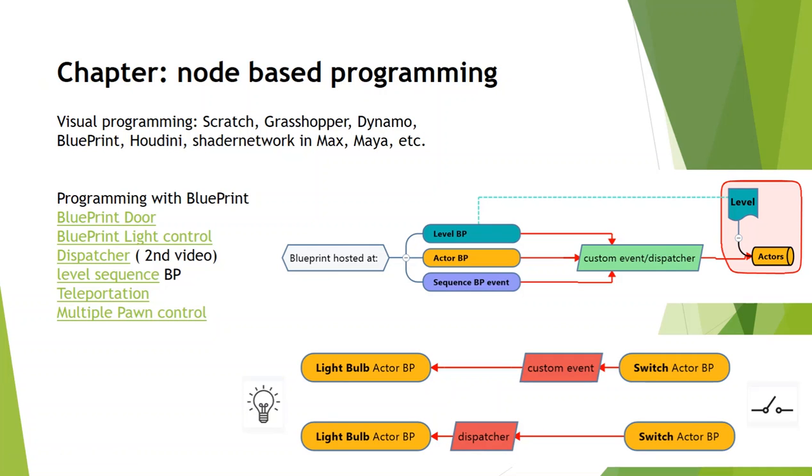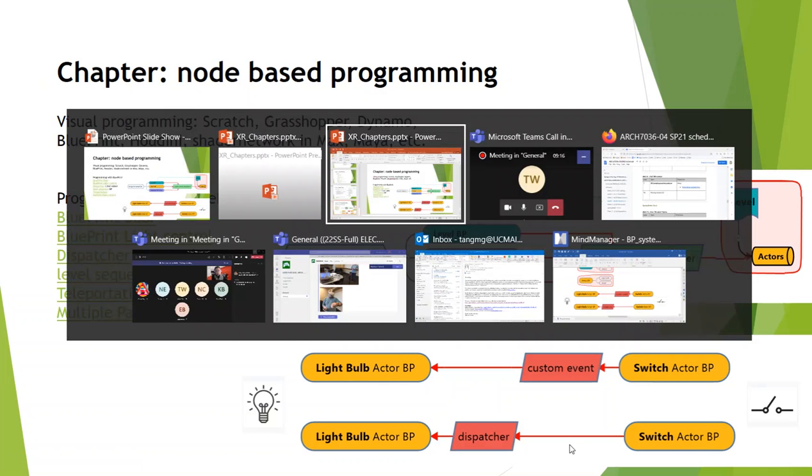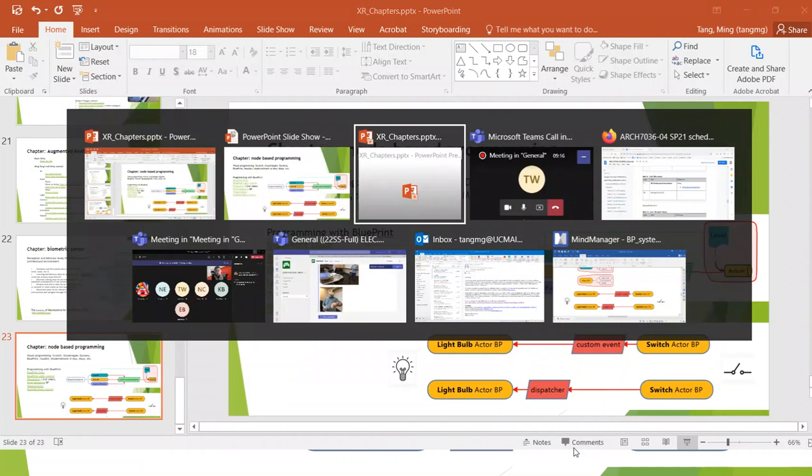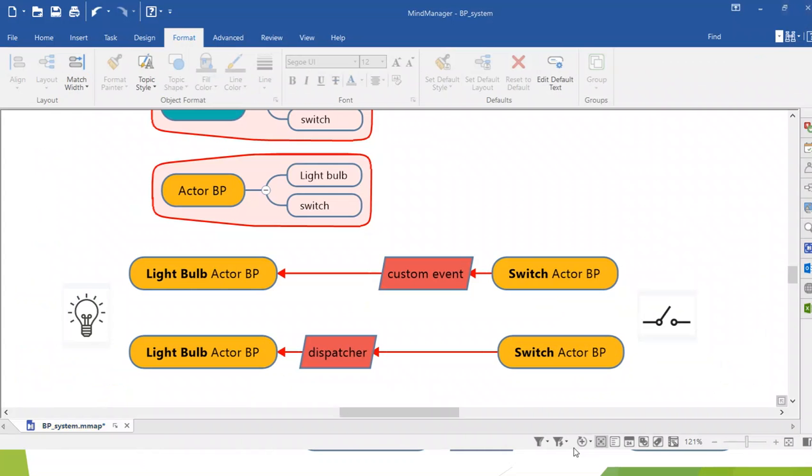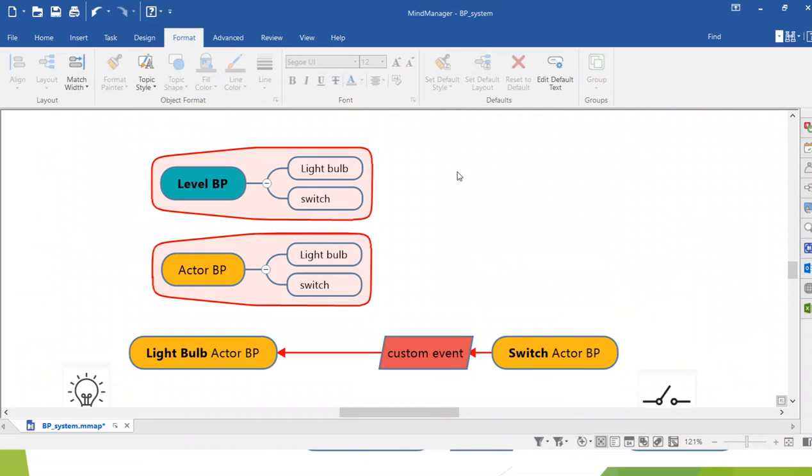I'll give you one example. If I want to control a light bulb with a switch, one way I can do it is through the level blueprint. I can show you this one. One way I can control that is to load all the light bulb actors into the level blueprint, and link a switch to a light in the level blueprint.